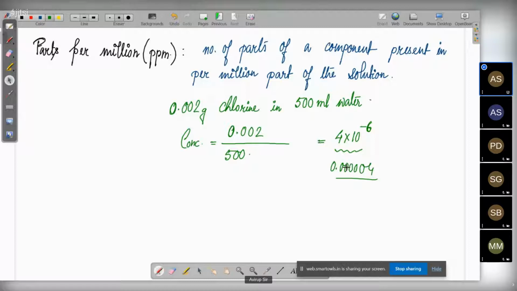Suppose you get 3.569 into 10 to the power of minus 6, that is very difficult to work with. Everyone wants to work with a number which can be easily expressed.